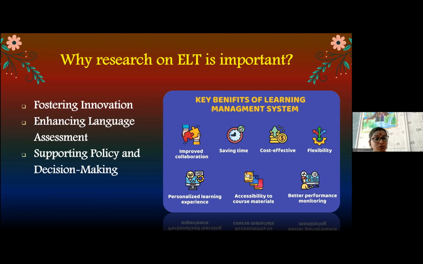So we can do research on how a particular tool engages the learner, or how a particular tool is easy even for an instructor who is very new to this technical field. That kind of research would be helpful, right? It will be helpful for the people who devise policy and who can make certain structural modifications in the curriculum.